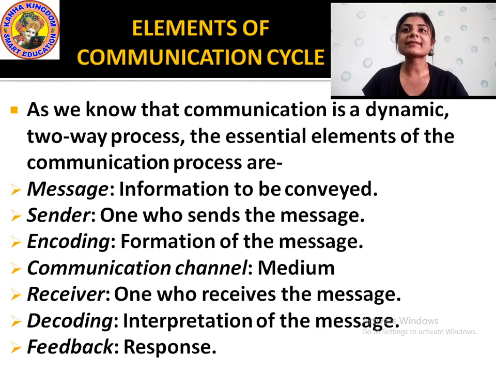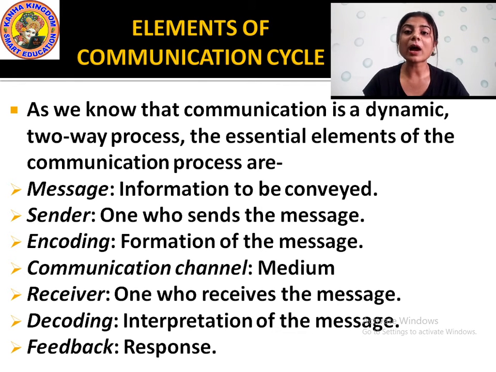So, these are the elements of communication cycle, in which the first one is message, the information that is to be conveyed. Then sender, one who sends you the message. Then encoding. Encoding means what type of message you are sending, what is the formation of the message that you are trying to send. Then communication channel, what is the medium of the message that you are sending.